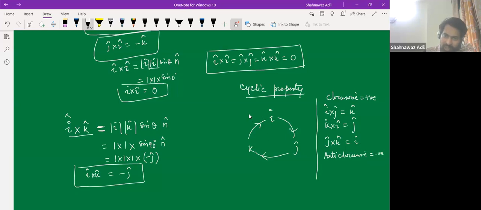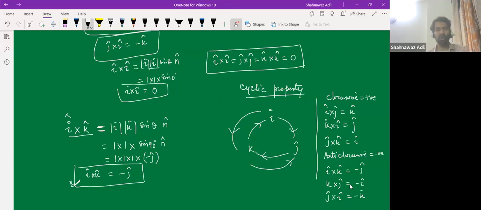So I cross K would be minus J, as you have seen from this example. Similarly, K cross J is minus I, and J cross I is minus K.